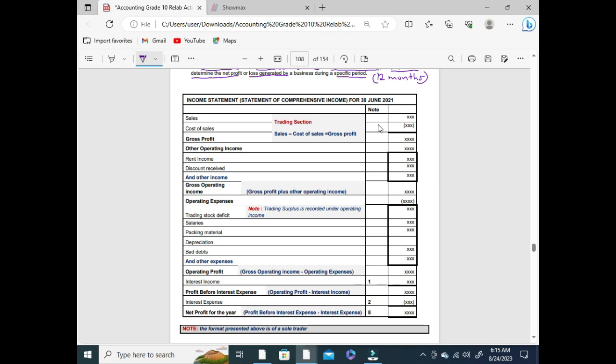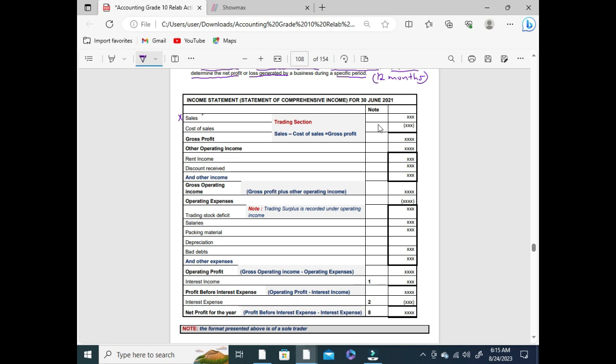So guys, whenever you do an income statement, you are going to have sales. You are going to find your sales from your pre-adjustment trial balance. So guys, it's very important for us to know our structure. So today we are going to talk only about the structure.